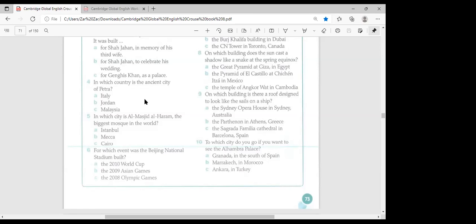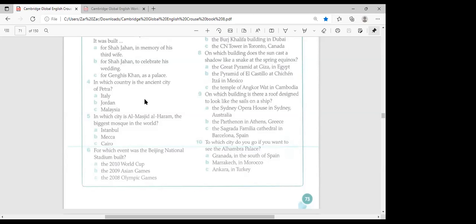From which building can you watch the sun set twice in less than a minute? You can see the sun set twice from the Burj Khalifa building in Dubai. You need to travel in the glass lift so that you see the sun set when you are at the bottom and again when you are at the top. There are 124 floors in the building.